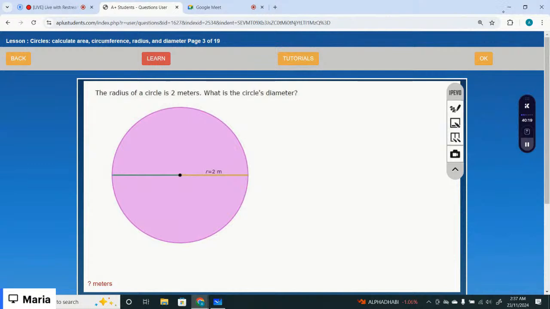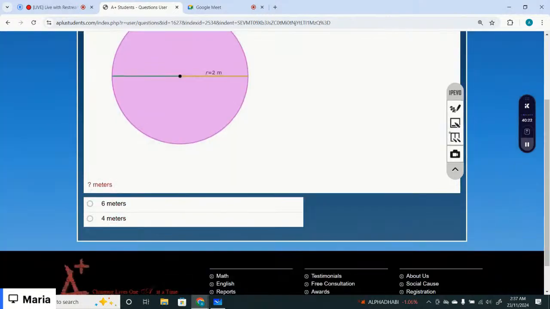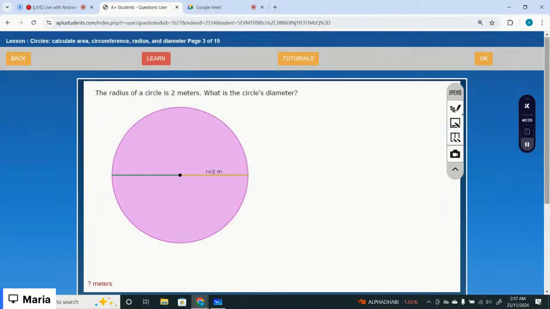That is 2 times r. So the correct option is 4. Option number 2 is the correct option.